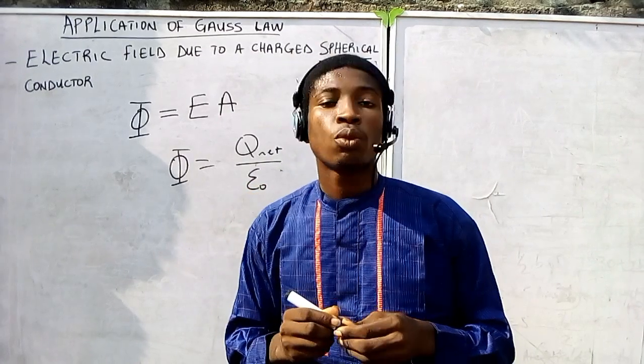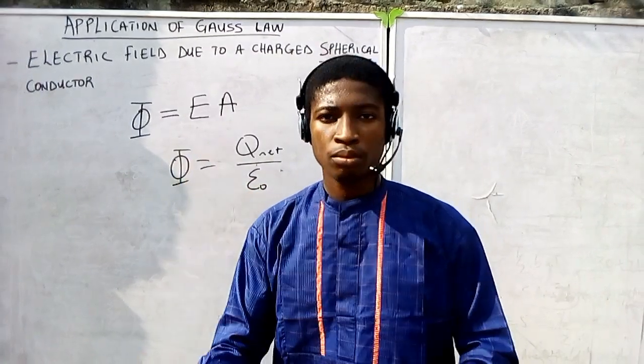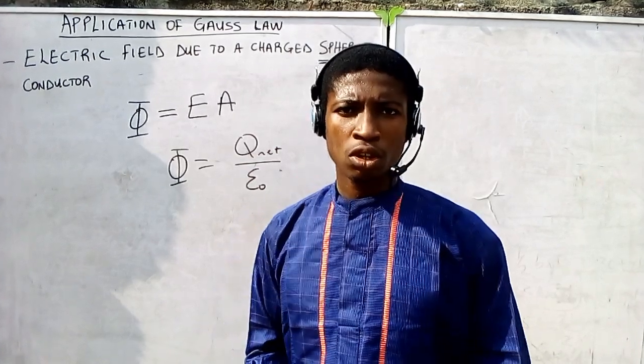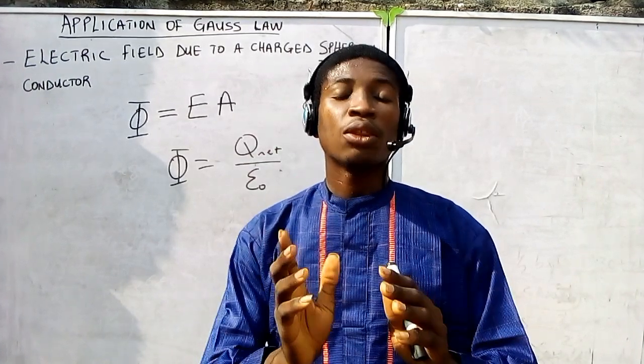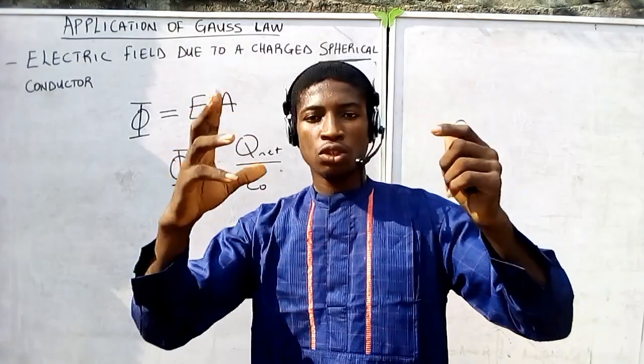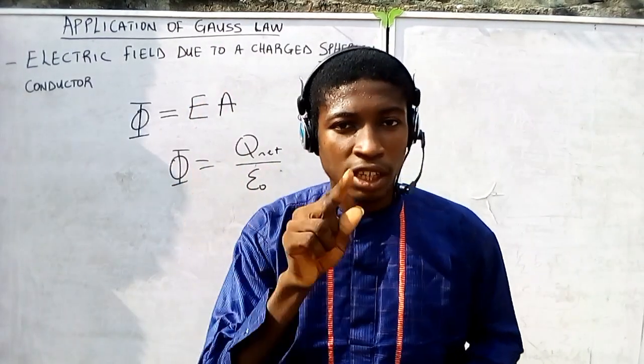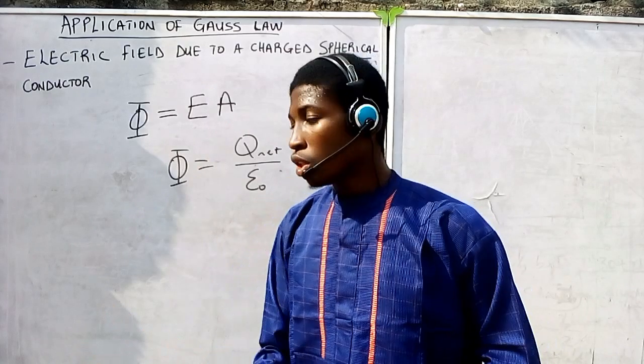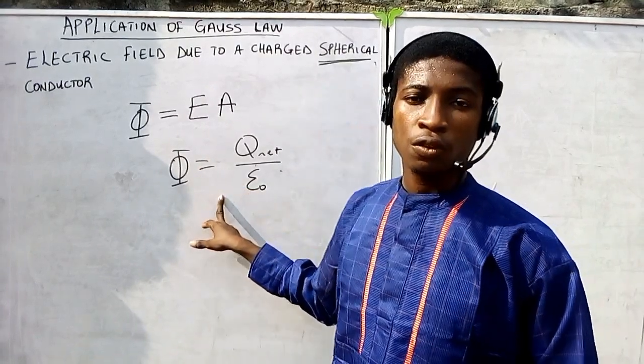Now, in a question where you see this spherical, you may see radius there. Those radius are not important. So whenever you see in the question spherical, that word spherical is very important. And under Gauss law, finding electric flux or electric field, this is the electric flux for that question.